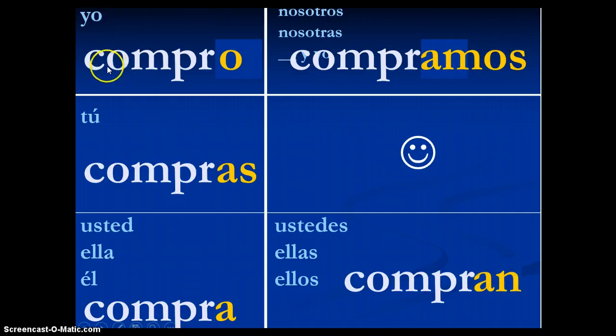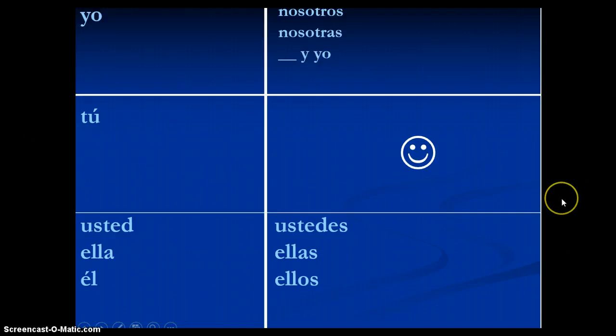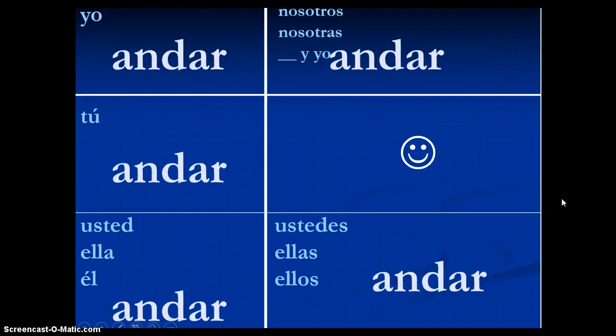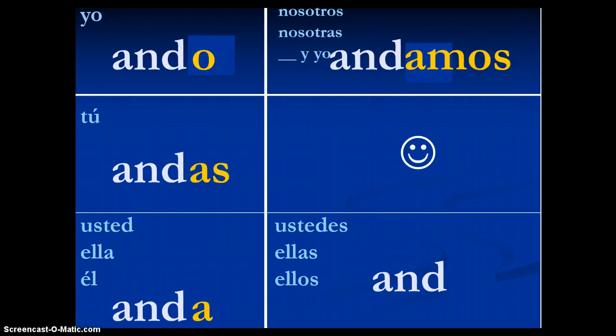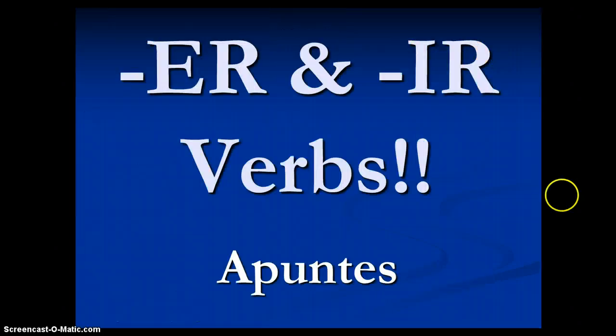So if you want to say I buy, compro, you buy, compras, he, she buys, compra, we buy, compramos, they buy, compran. Are we getting it? I hope so. What about andar? Well, first we must remove the end, then we're left with just a stem, then we add our endings on to conjugate that verb. Ando, andas, anda, andamos, and andan.